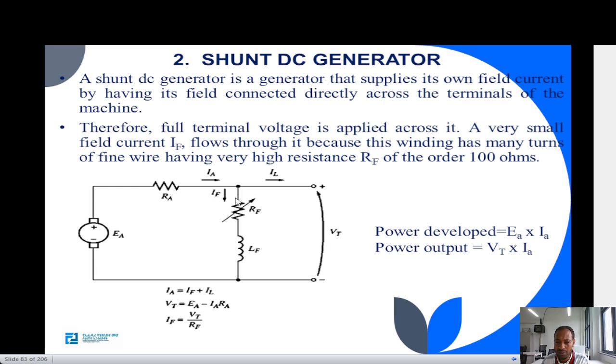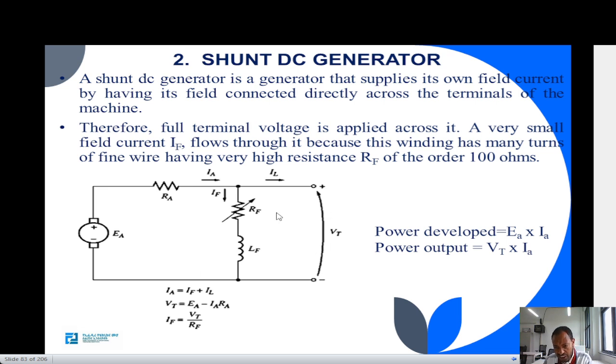Why? Because the number of turns is large, but it is fine wire. If it is fine wire, the cross-sectional area is very small, which means the resistance will be very high, on the order of 100 ohms. Therefore, the current IF is going to be very small.